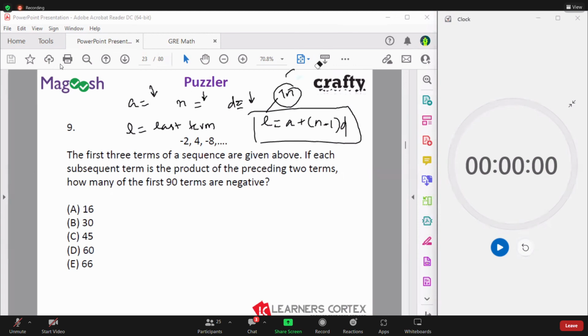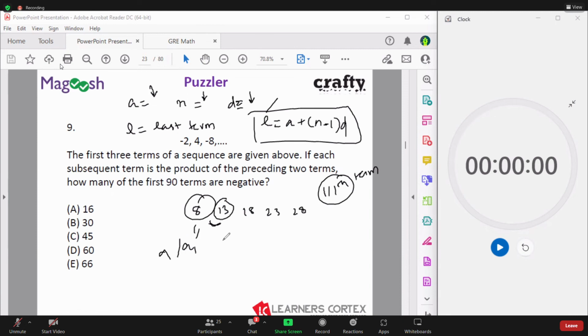Okay, so if you are given a series as 8, 13, 18, 23, 28, and you are asked the 111th term in this series. This becomes your first term, A1 or A, however you want to write it. This is your second term, A2, and this would be your A3.